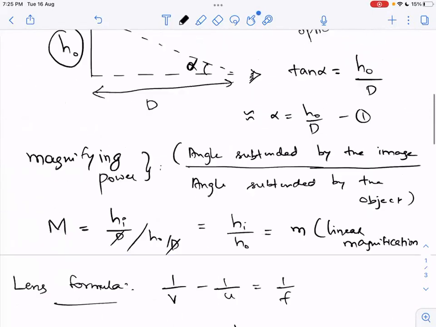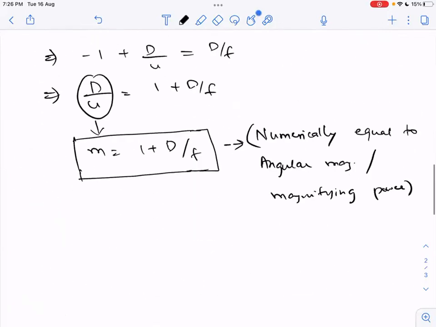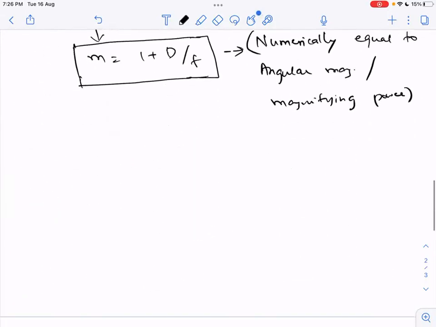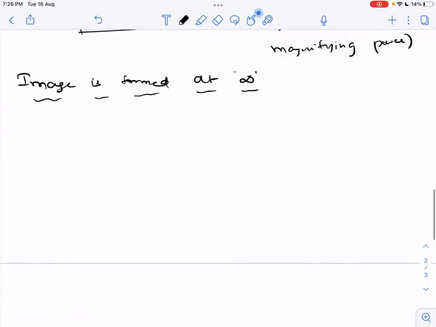The next point is, what happens when the image is formed at infinity?